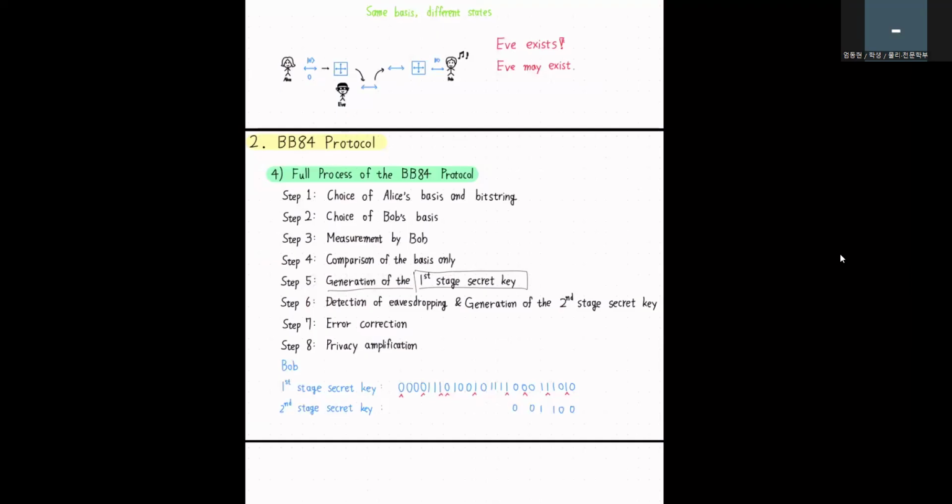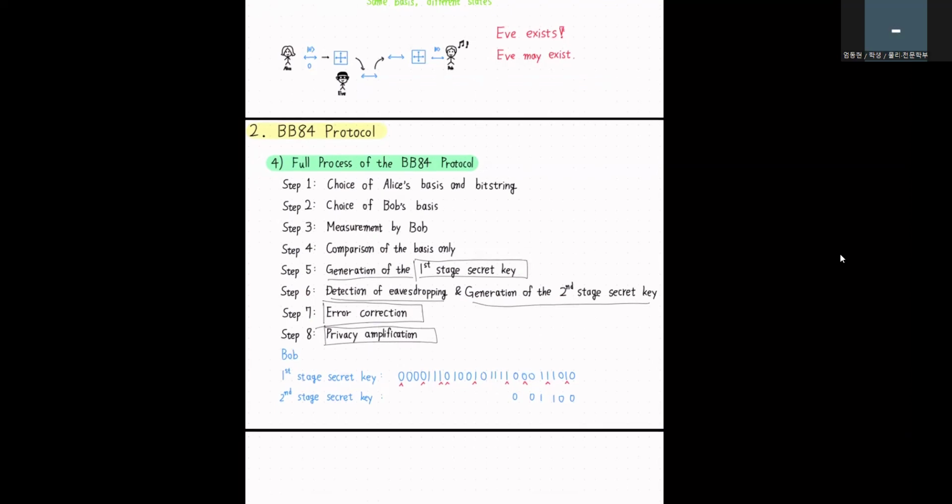And they use this to detect eavesdropping and to generate the second stage secret key. They then perform error correction in the case of bit flip errors. And they also do something that's called privacy amplification, which is basically a procedure used in classical cryptography to reduce the correlations between the information between Alice and Bob that could be used by a malicious attacker.